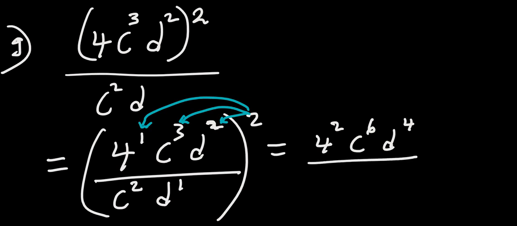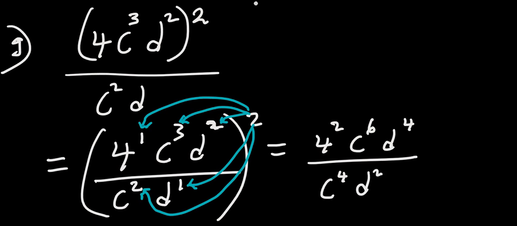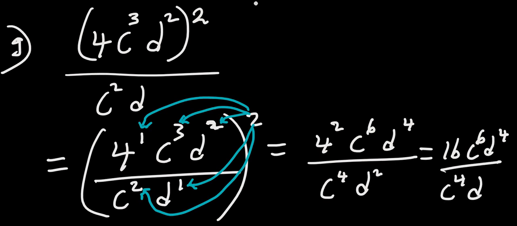So you can also use the 2 to multiply these two you have here, which is going to give us c to the 4th power, and then also use the 2 to multiply this 1 that we have here, giving us d squared. 4 squared is 16, so you just change this to 16 c to the 6th power d to the 4th power over c to the 4th power d squared.